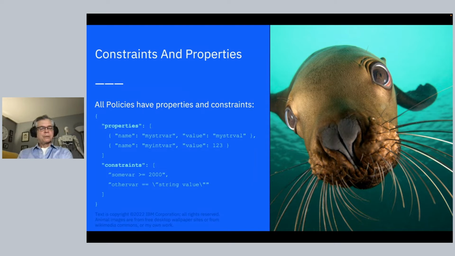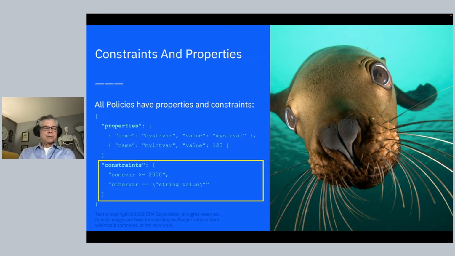And then constraints are logical expressions in terms of the properties. So some_var is greater than or equal to 2000, other_var is equal to the literal string value. And there are many other possibilities. It's a fairly powerful language you can use. There's Boolean expressions and lots of comparison operators.